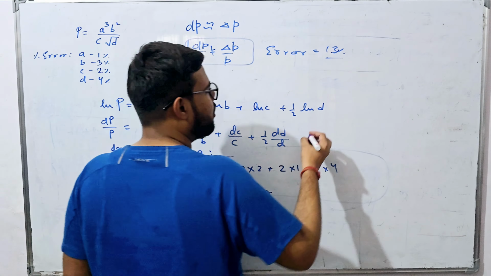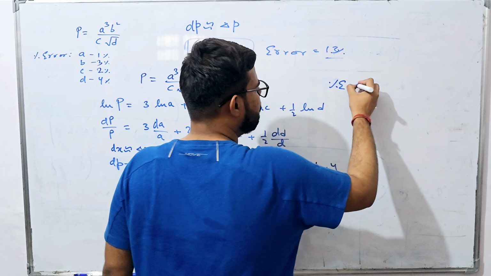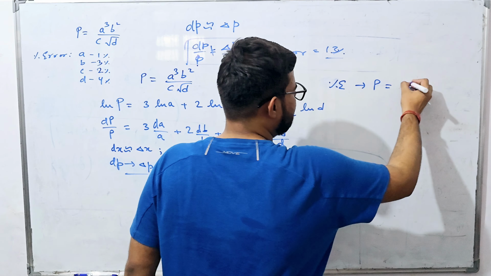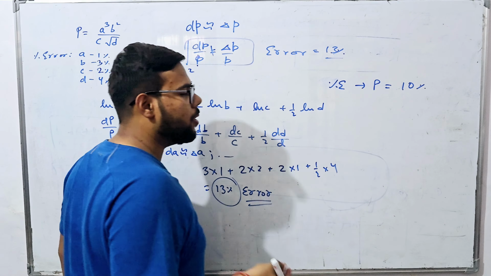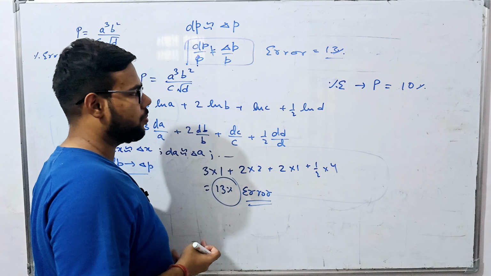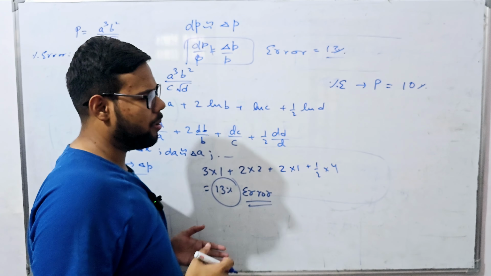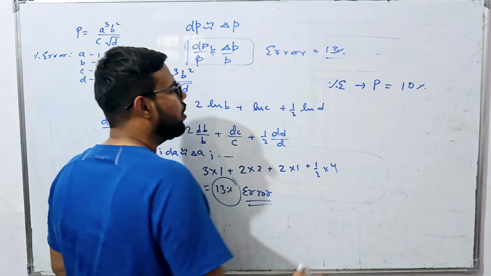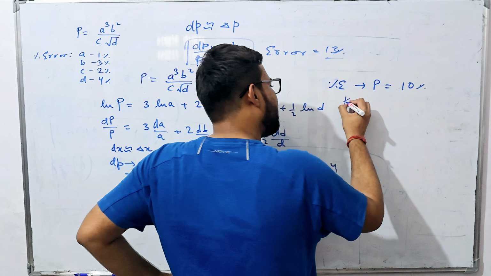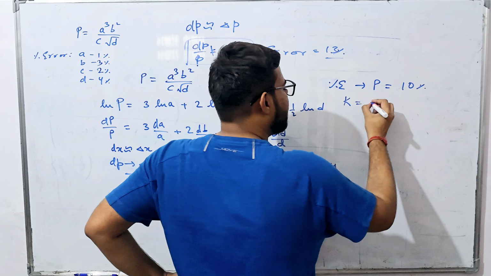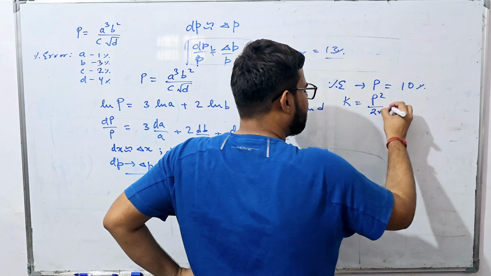Like there was a question in which the percentage error in momentum was given as suppose 10%. If I remember, there was a question, right? Not this year, but some other year, maybe in JEE it was. So in this case, we need to find the percentage error in kinetic energy. We know that mass is constant, so kinetic energy is equal to P square by 2m, right?